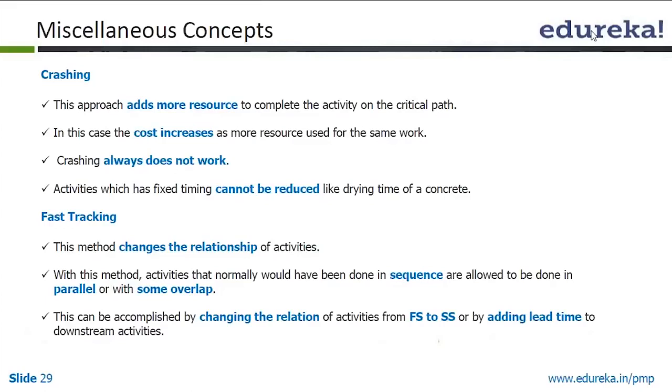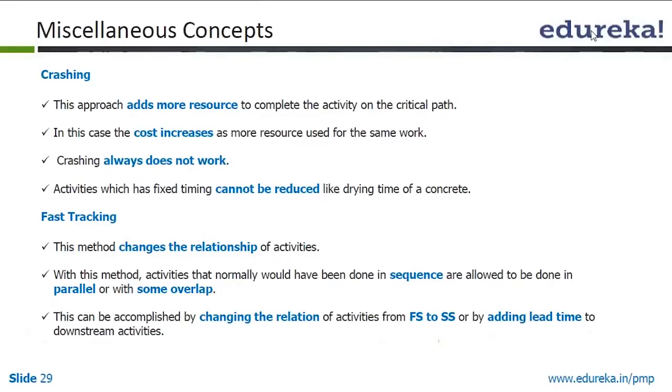And fast tracking, here what you do is you change the relationship of the activities. That means you make more activities in parallel than planned. Certain activities which you have planned to do in sequence, you cut them into more parallel activities. The risk of doing that is that you might be cutting corners and the quality of the product might get affected.